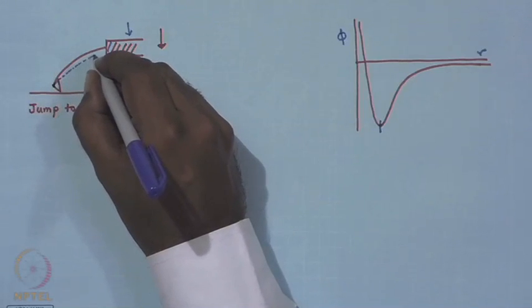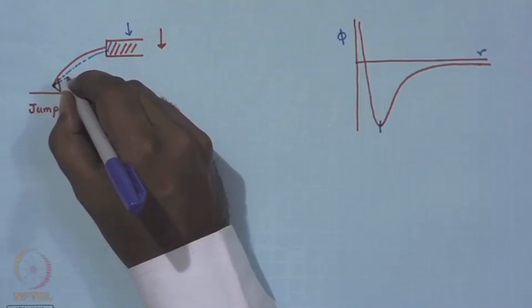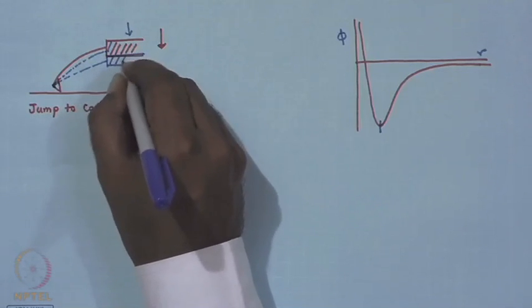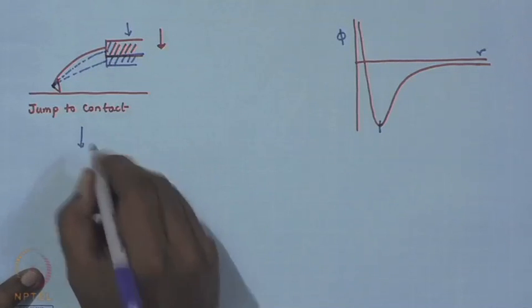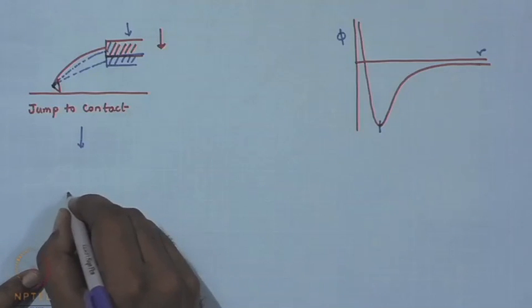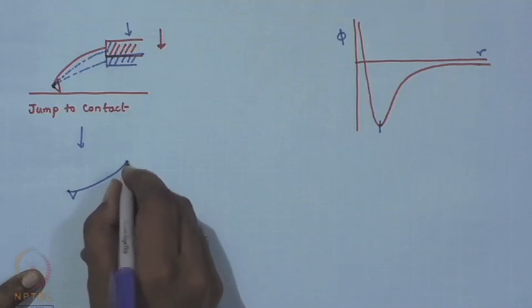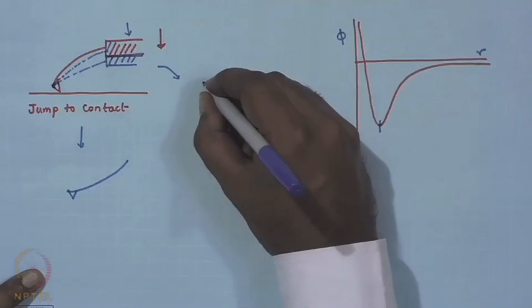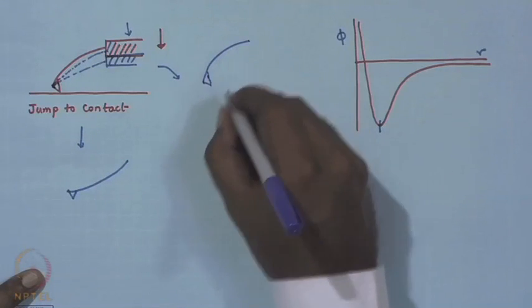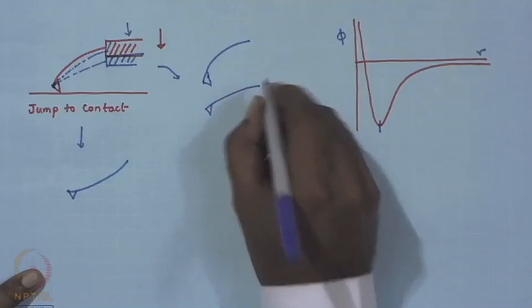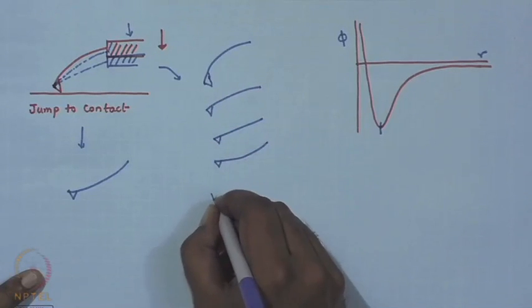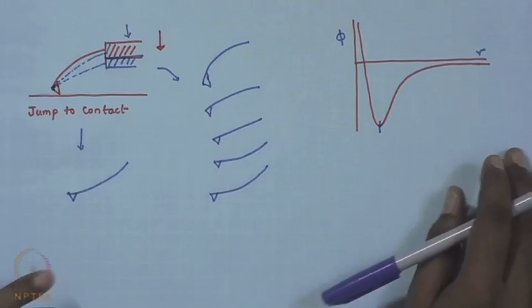Progressively the deflection will now reduce like this, and finally, if it still pushes, the deflection will change to something like this. So, I would put it like this, this is the configuration at jump to contact, you push it further, it is going to be like this.